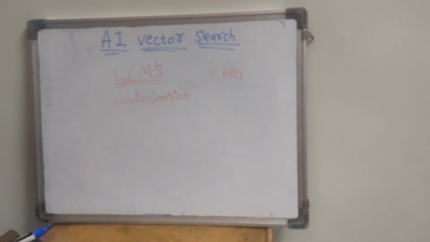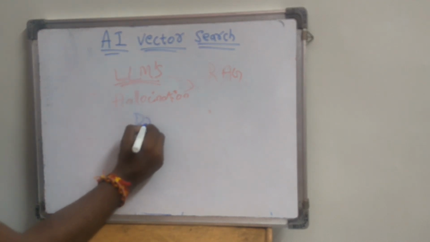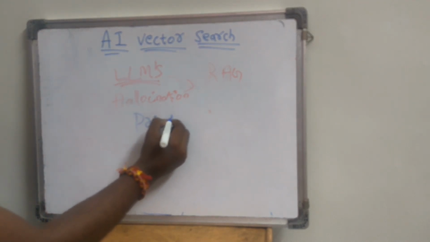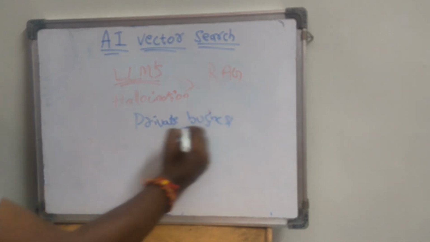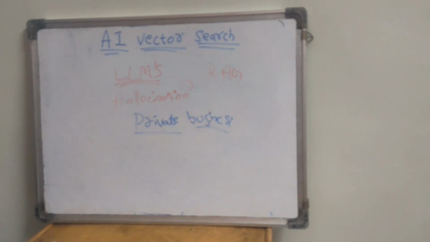So, for example, if I want to ask my LLM a question about my business, I know the data is coming from my private business documents. I know the source of the data, where the answers are coming from, and where the LLM is going to analyze the questions and answer.